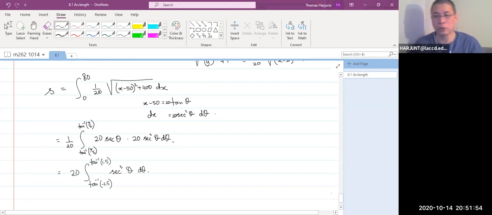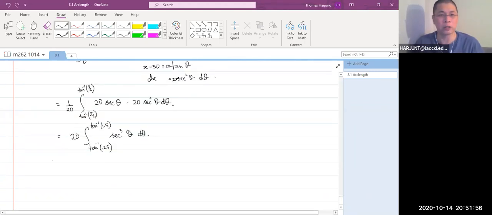Then from here we do the memorizing. I wonder if you memorized this. This is 20 times, what is the integral of secant cubed x dx?